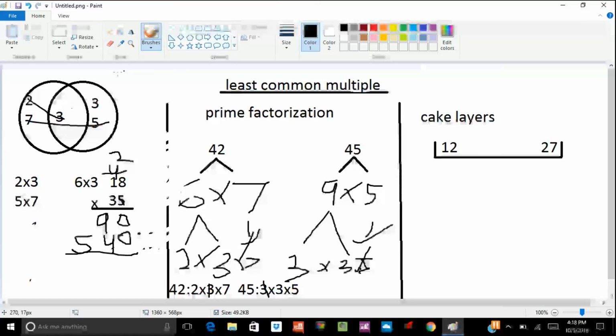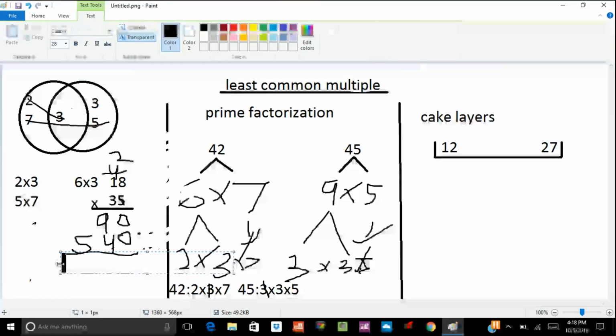Then after that, we need to get an answer. So 0 plus 0 is 0. 4 plus 9 is 13, so 3 and carry the 1, and 5.